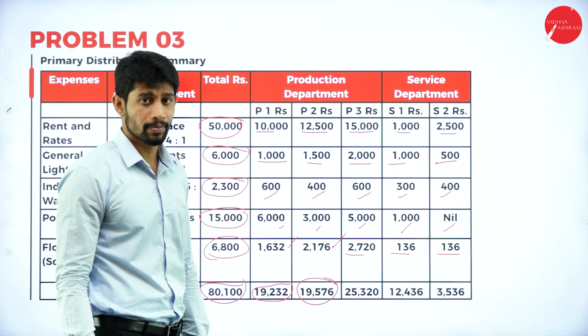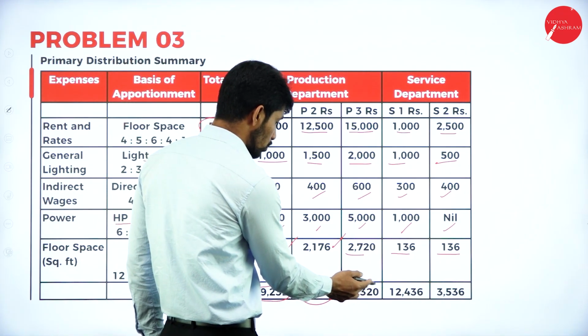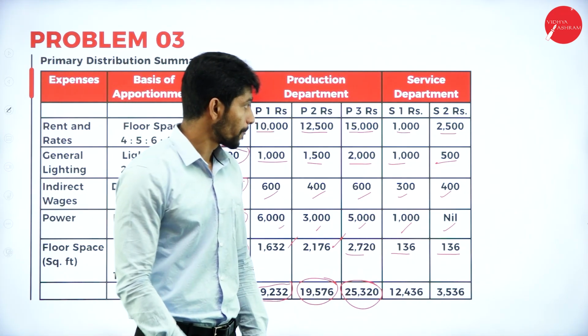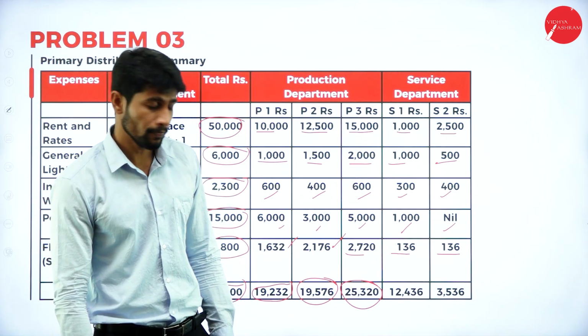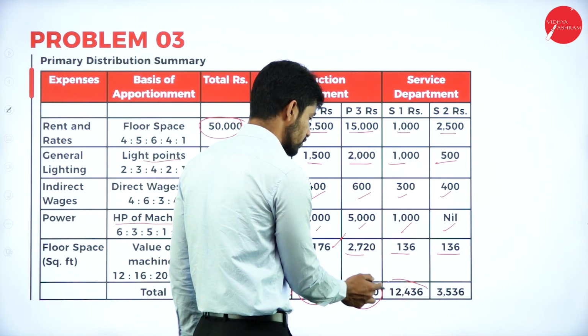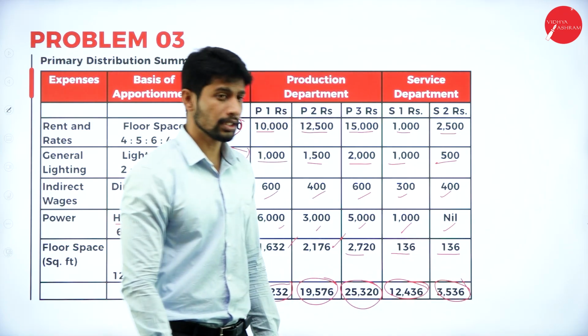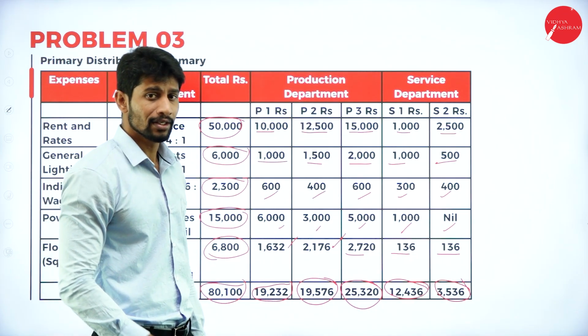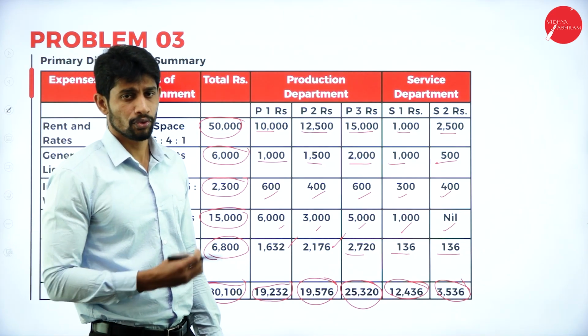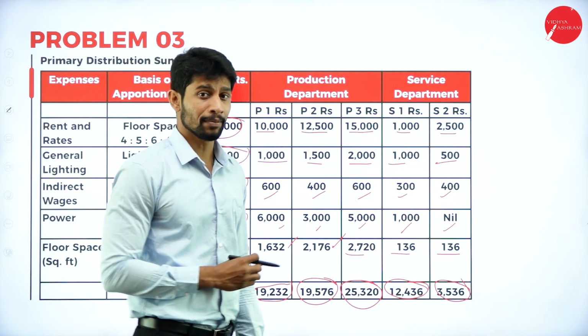With respect to production department 3, it is 25,320. With respect to service department 1, it is 12,436. And service department 2, it is 3,536. We are completed with our primary distribution.